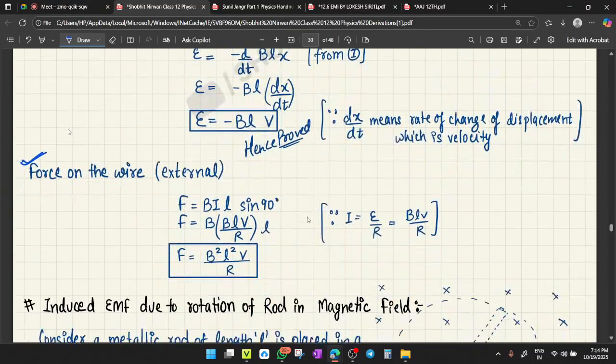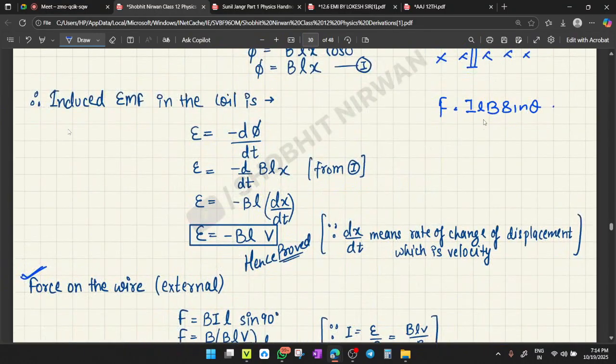Clear or not? Yes. So F equals BIL sin theta. B means magnetic field, I means current, and L means length of the conductor.